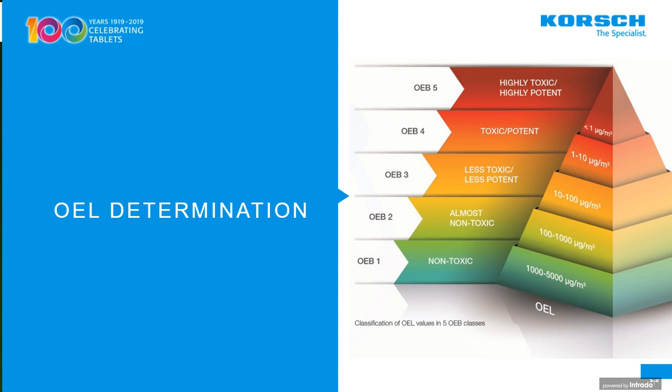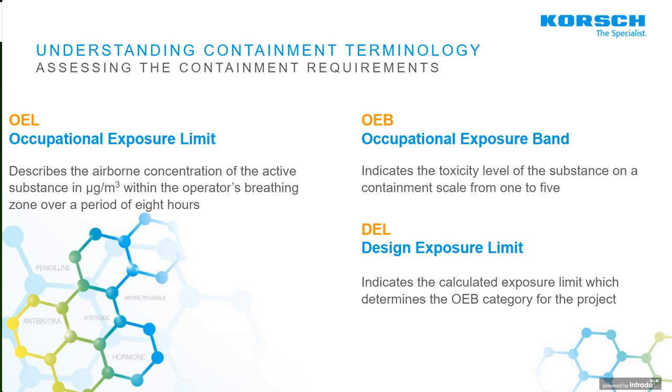Beyond that, OEB4 is 1 to 10 and OEB5 is less than 1. Now you're in a wash-in-place requirement. So that is essentially a summary, and what will drive the design of the system is determining where your product needs to be, based on the correct calculation of what your OEL is going to be.